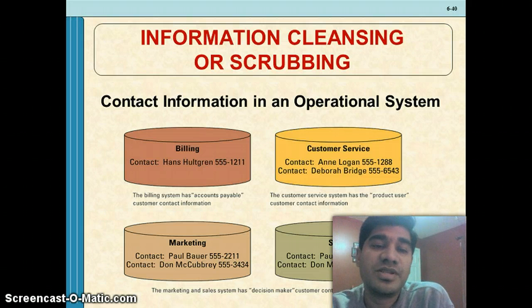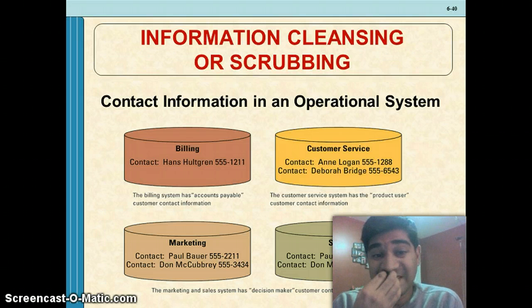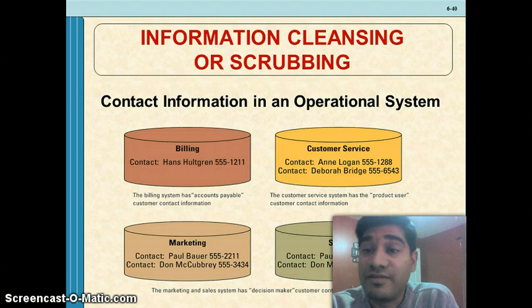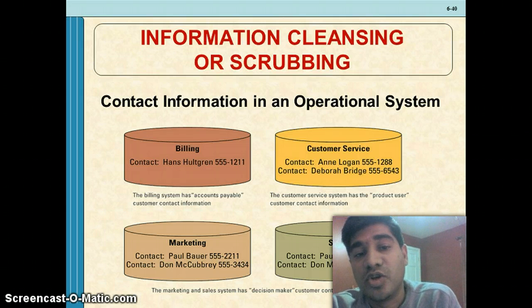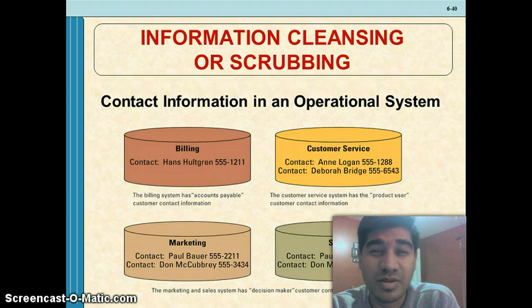Customer information exists in several operational systems. In each system, you can see that the information is in a different format. And then if you change the customer ID from one database to the other database, you may think that you're speaking to the same person, but then the system doesn't know it's the same person.